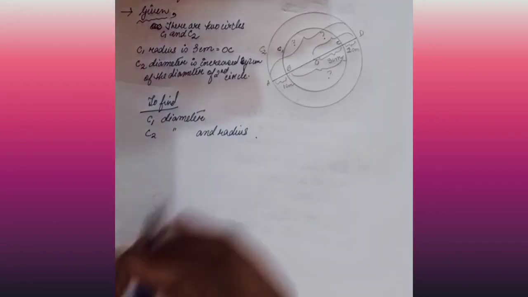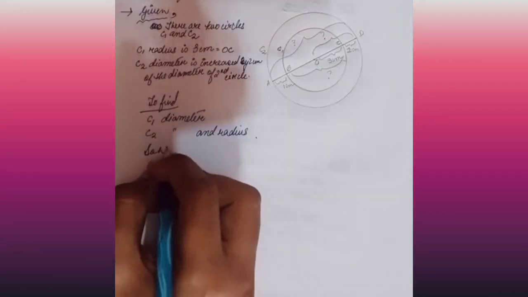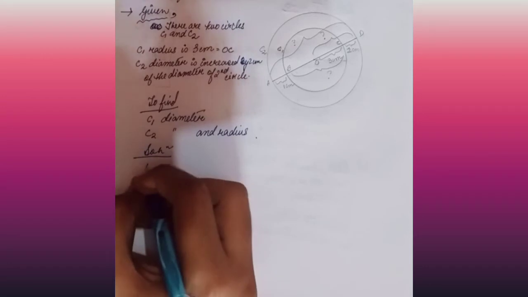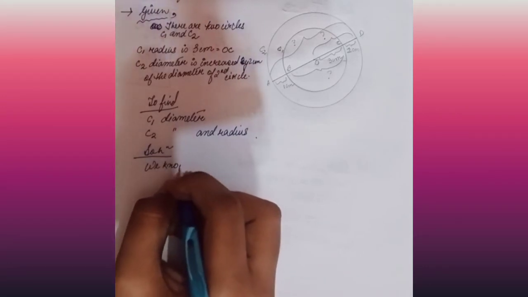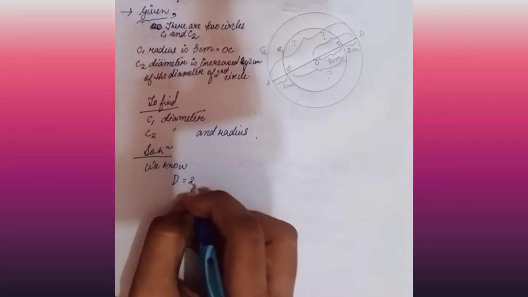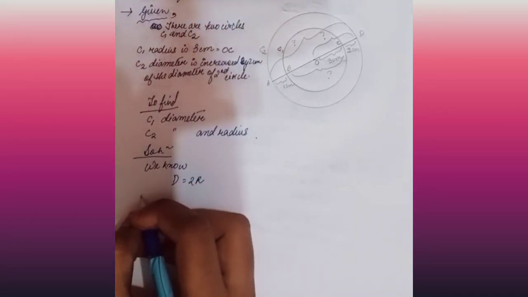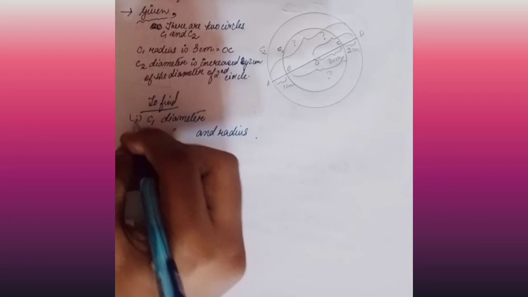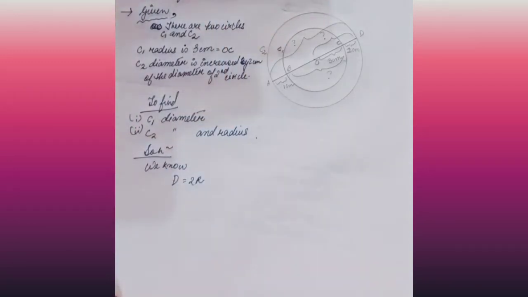So, solution. We know that D equals 2R. You can number these 1 and 2 like this.